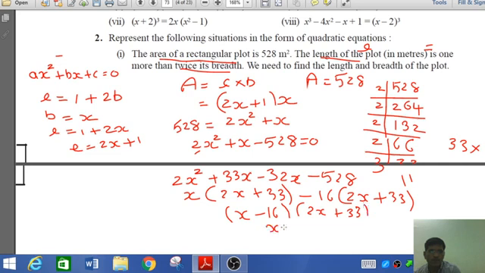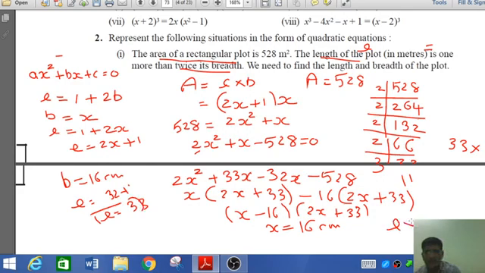So my breadth is 16 centimeter. If breadth is 16, then length is 16 2s are 32 plus 1, 33. If I multiply L with B, that is 16 multiplied by 33, I will get 528. That is our answer.